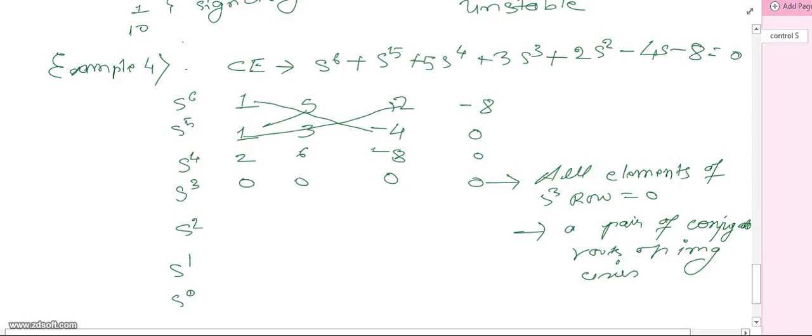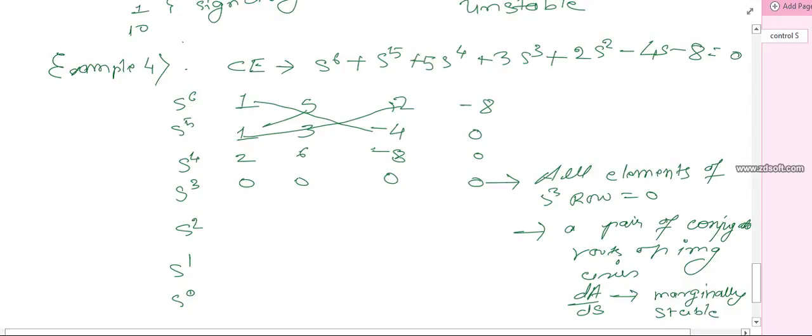And on substitution of the coefficient of dA by ds, which we are going to see, in the 0 element row, if no sign change is noted in the first column of Routh tabulation, then the system is said to be marginally stable.